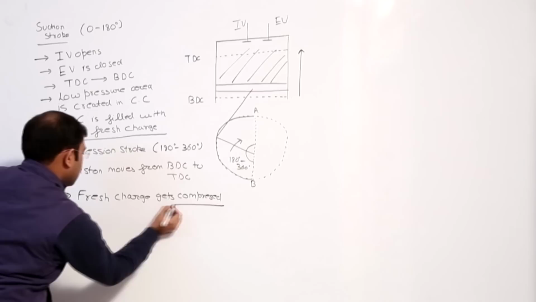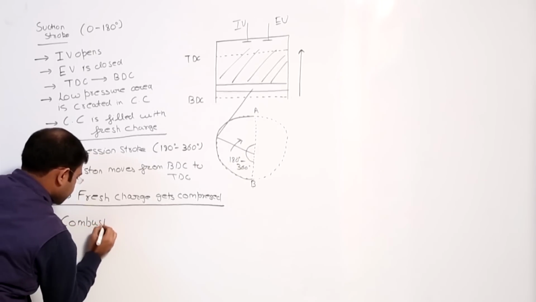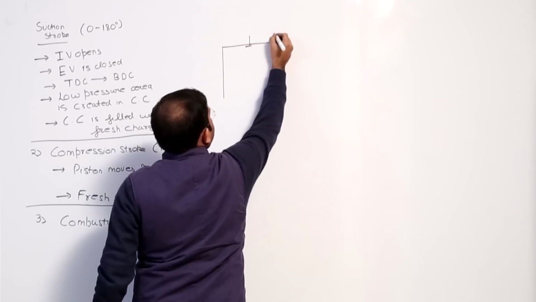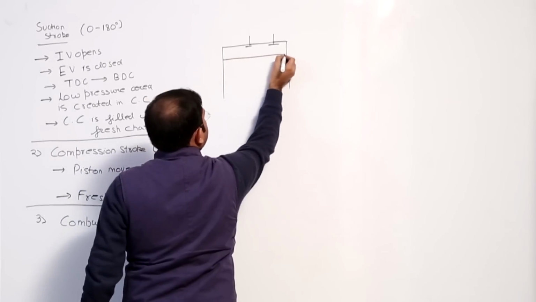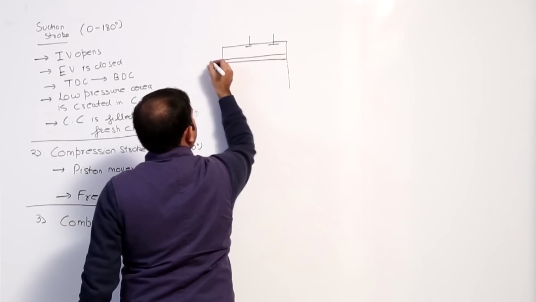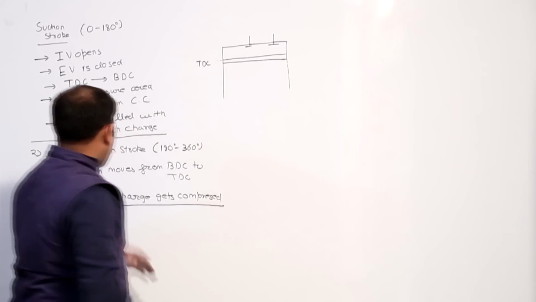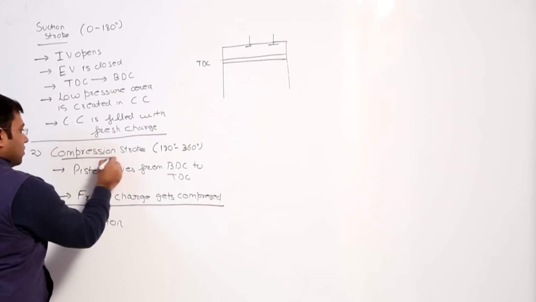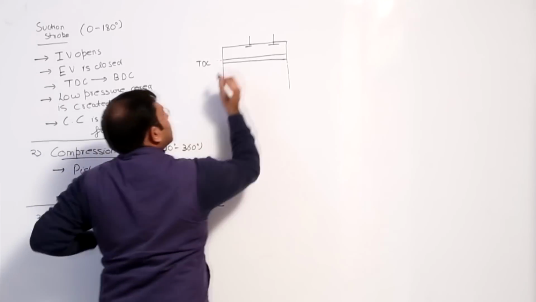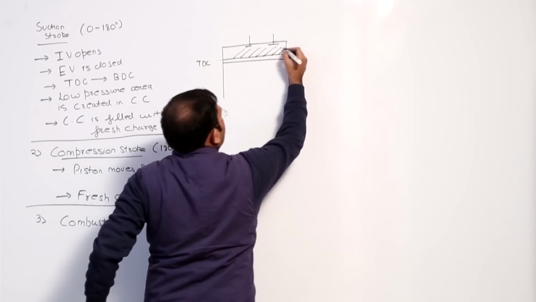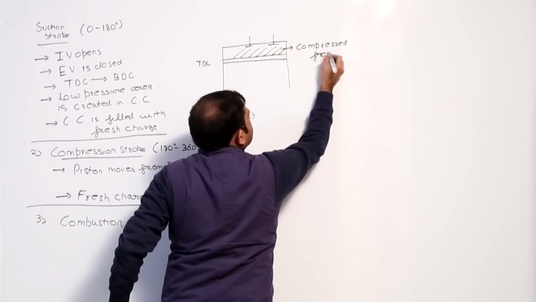Now the third event is combustion. After completion of the compression stroke, the position of the piston is at top dead center, and this is the compressed fresh charge.